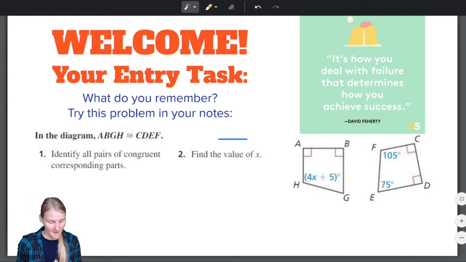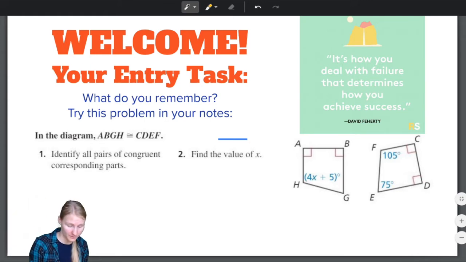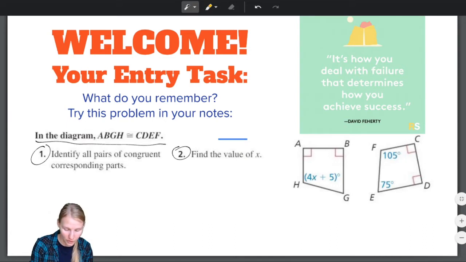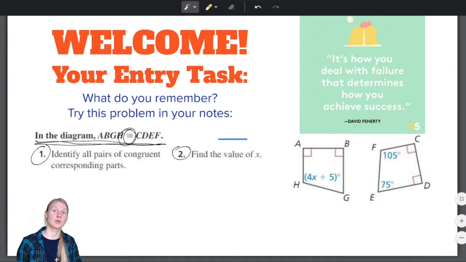Okay, so there are two parts to this question. First, identify all pairs of congruent corresponding parts, and second, find the value of x. It's important to note that we are told in the diagram these shapes are congruent.